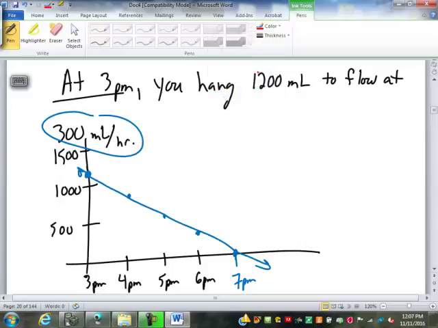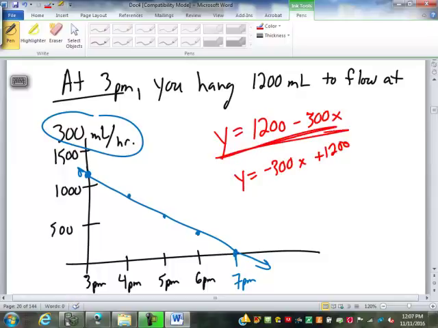Now I could also write the equation for this really quickly. Y equals 1,200 minus 300x or 300t, whatever I wanted to call it. I could have also said y equals negative 300x plus 1,200. It just makes more sense to me to do it like this, because it's starting at 1,200 and we're depleting 300 per every hour.